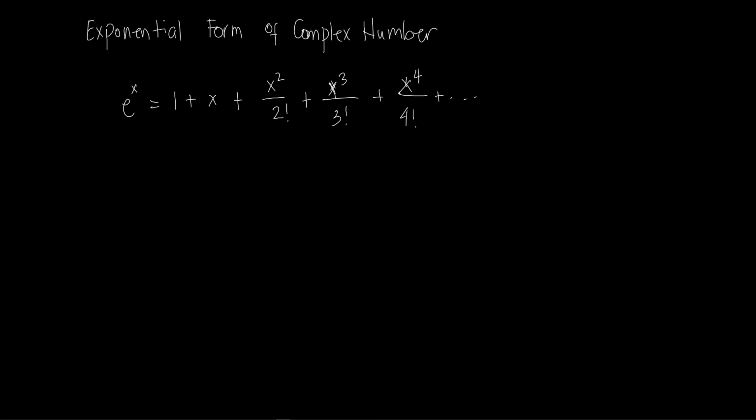Okay, so that is the expression sa power series. Then we also have the sine of x, which is simply x minus x cubed over 3 factorial plus x to the power 5 over 5 factorial minus x raised to the power of 7 over 7 factorial plus dot dot dot.